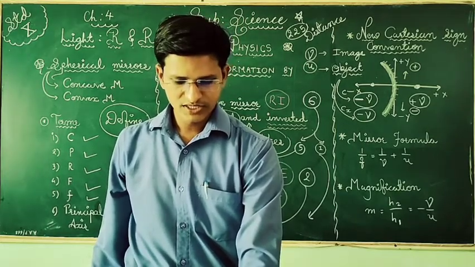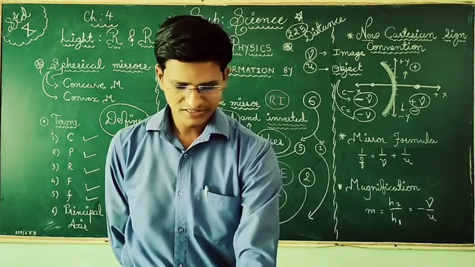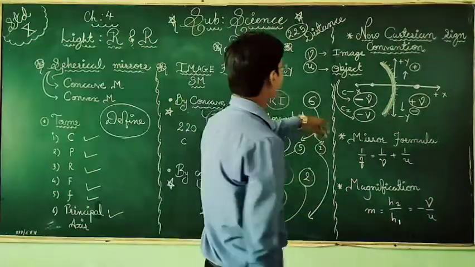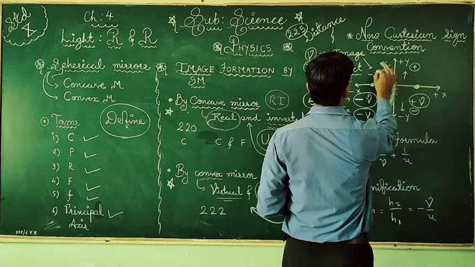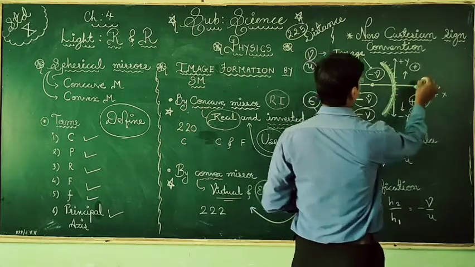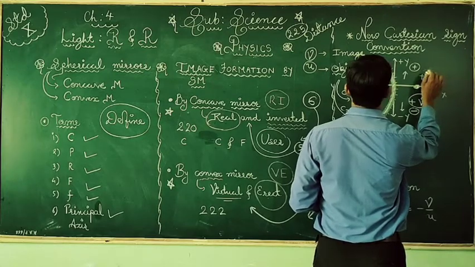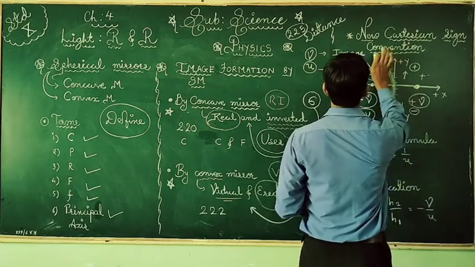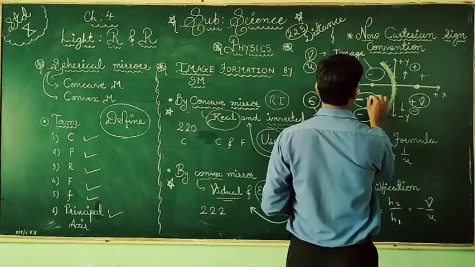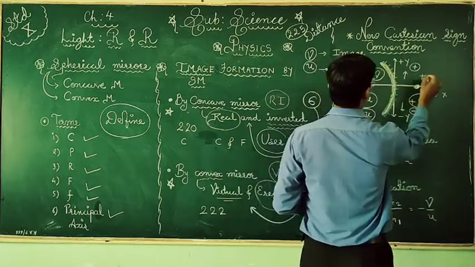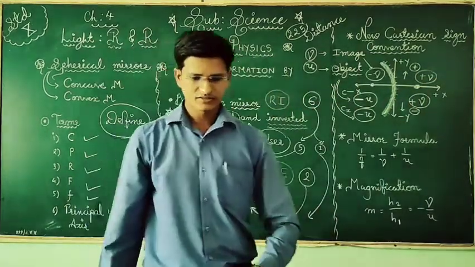Whenever the image is formed by a concave mirror, it is negative, and by a convex mirror it is positive.